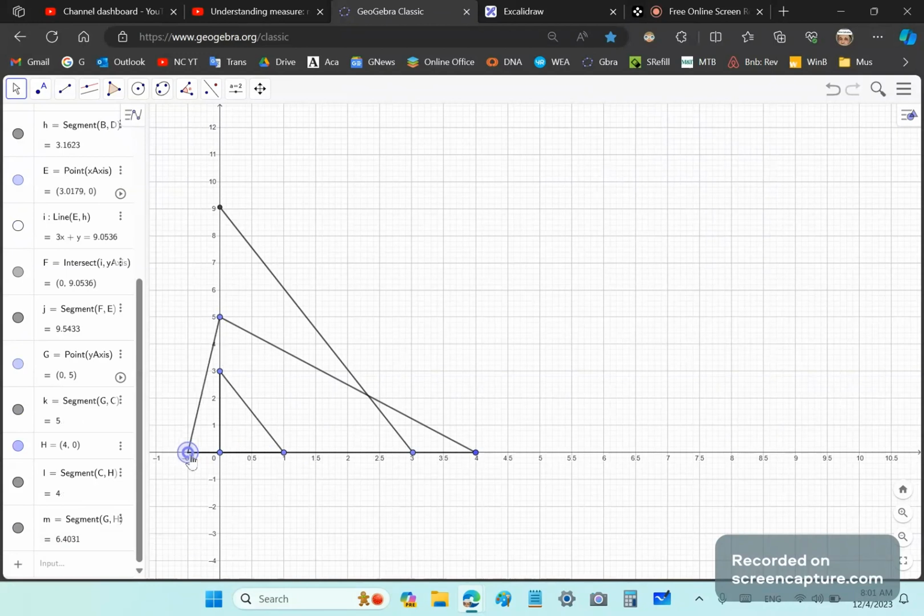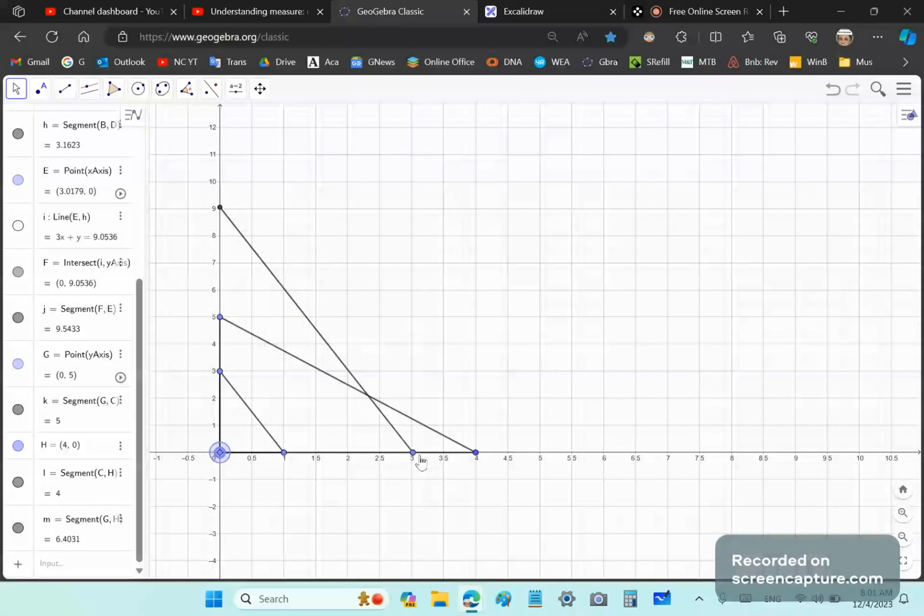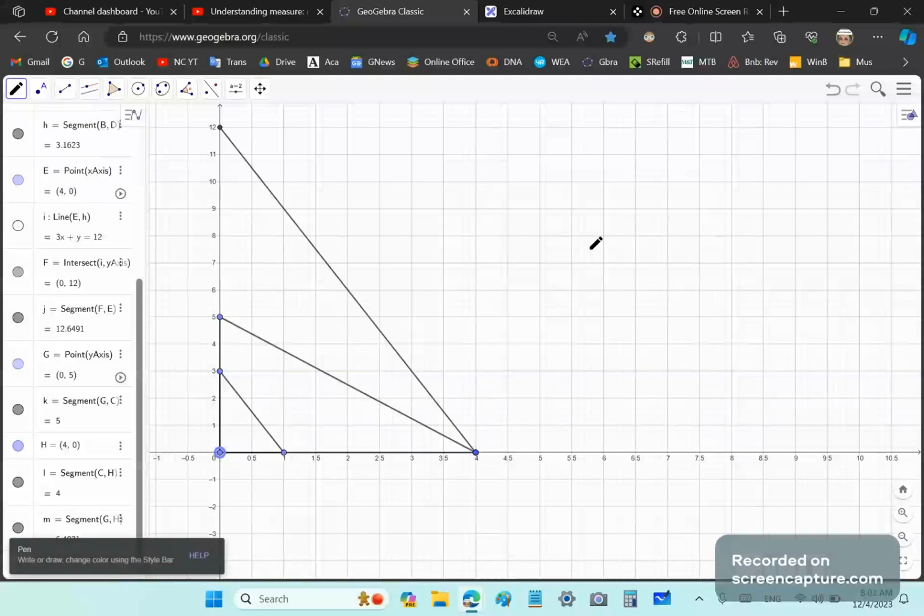Don't want to move that. Okay, so the consequents here are 1 and 4. So we know that this one here is a proportional ratio to this one. So all we have to do is move it onto the point 4. And now the two ratios have the same consequent, right? And what are those ratios?